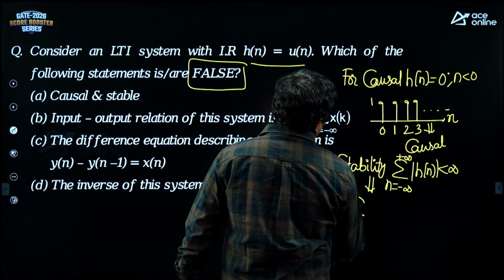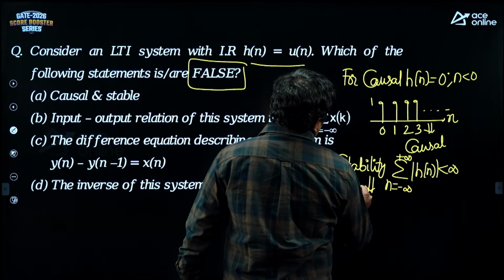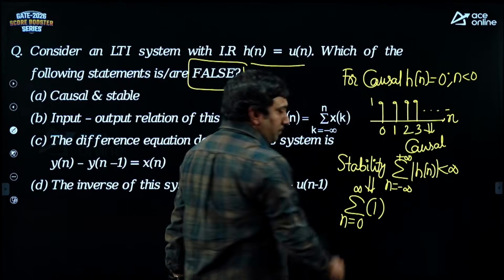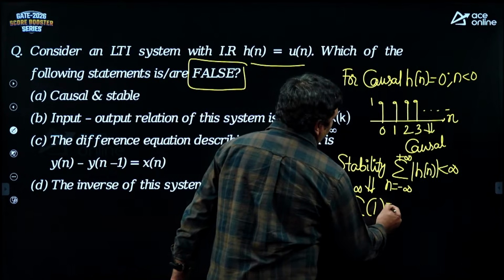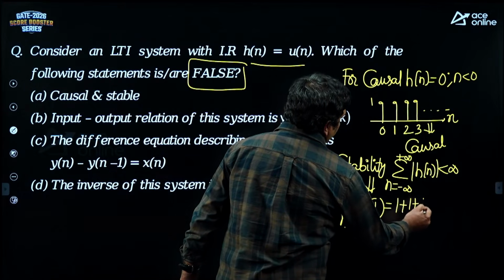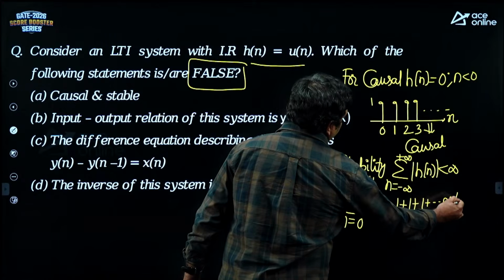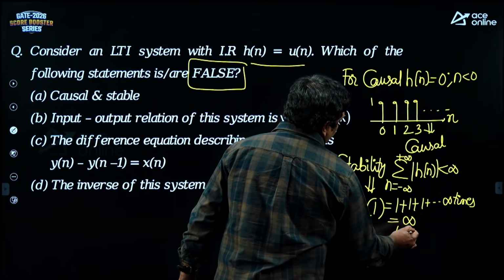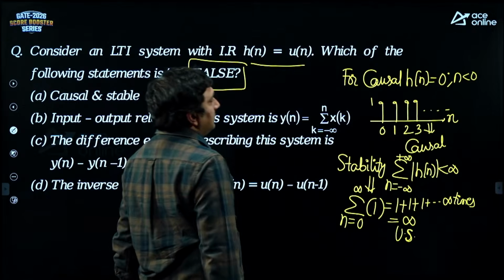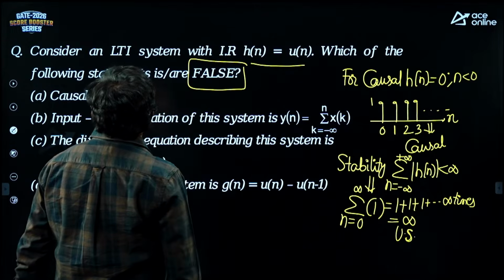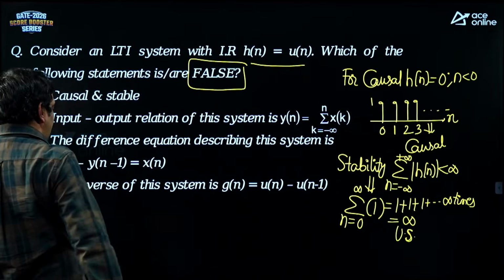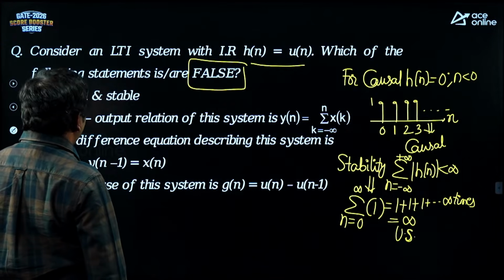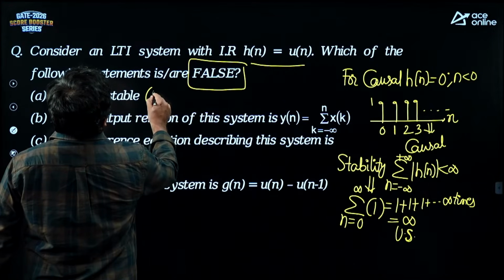But in this particular case, our impulse response covers from 0 to infinity with amplitude of 1. 1 plus 1 plus 1 added infinite times means the answer is infinity. The system is unstable. So, causal and unstable is its nature, but option A states causal and stable, so this is false.